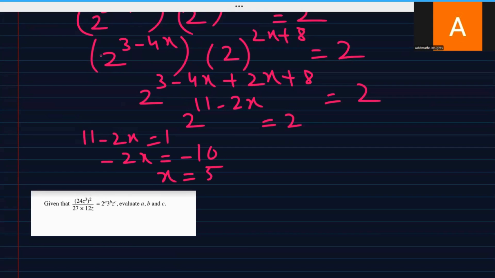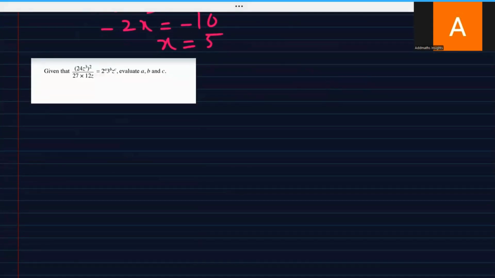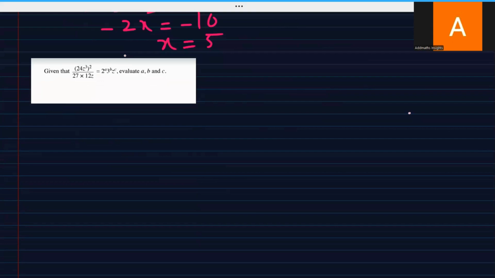Now the next question is 24 z cube whole square over 27 times 12z equals 2 raised to the power a, 3 raised to the power b, z raised to the power c, and you have to find a, b, c.